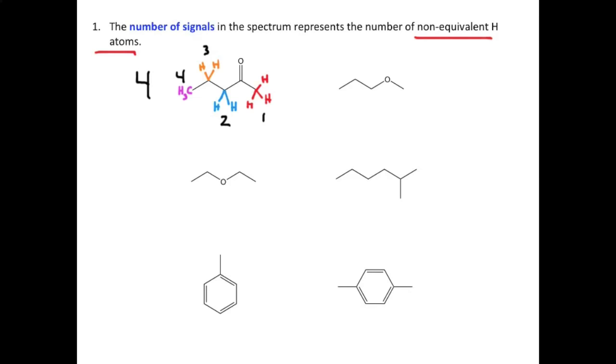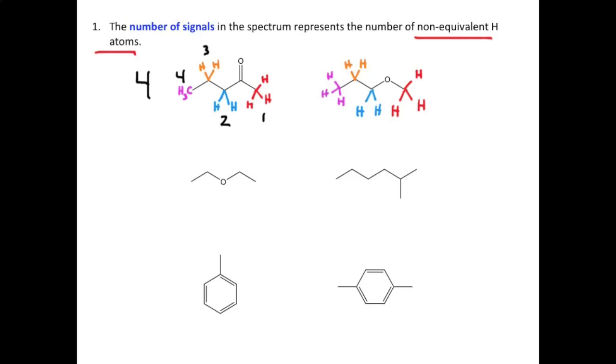Here's another example here. So here we have an ether. On the right side we have 3 hydrogens. Those are all equivalent, so they're all red. A new set of signals in blue. 2 more hydrogens in orange, and then another 3 in purple.